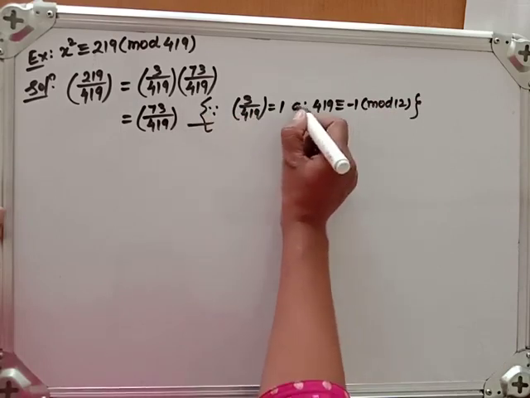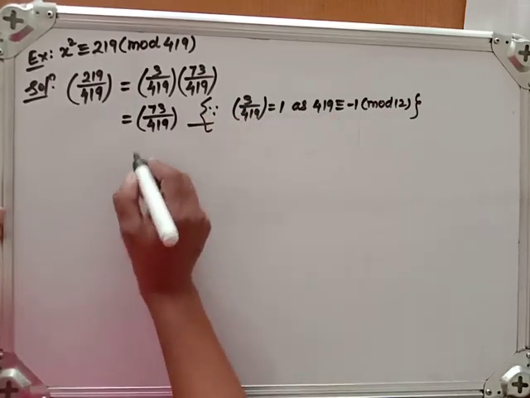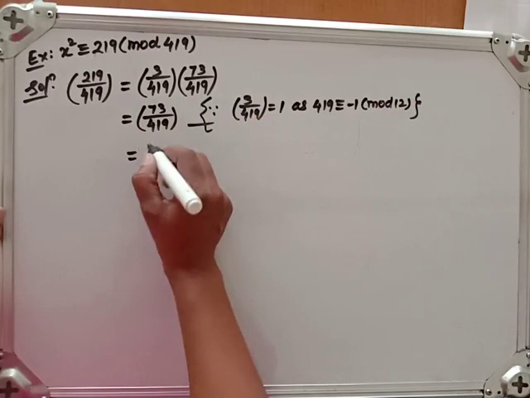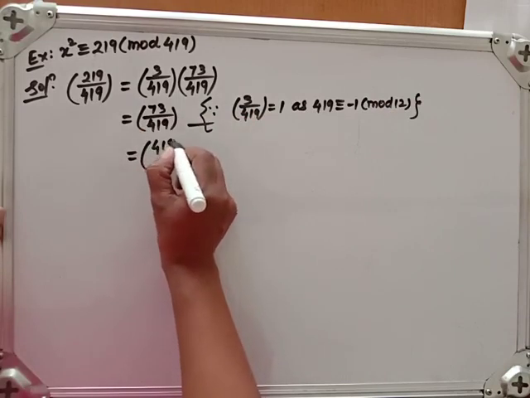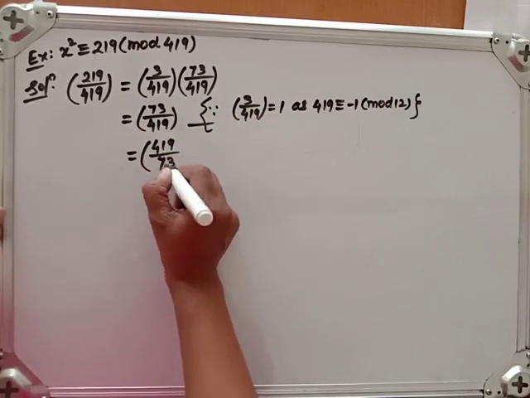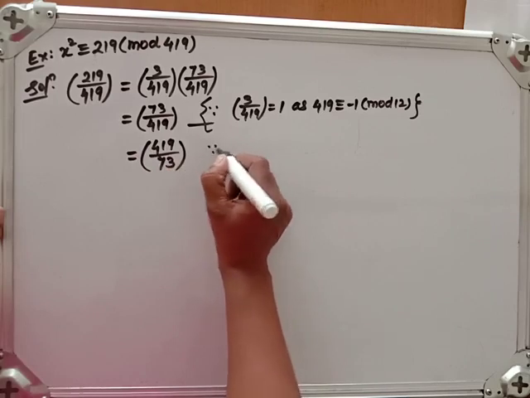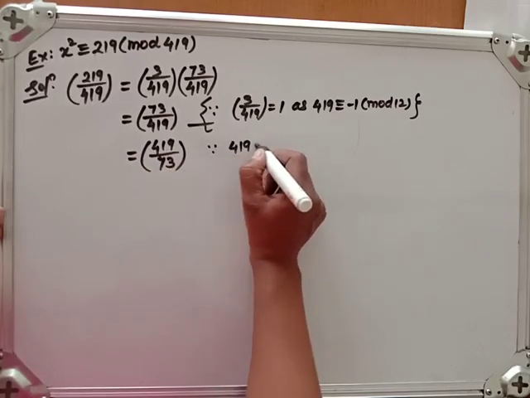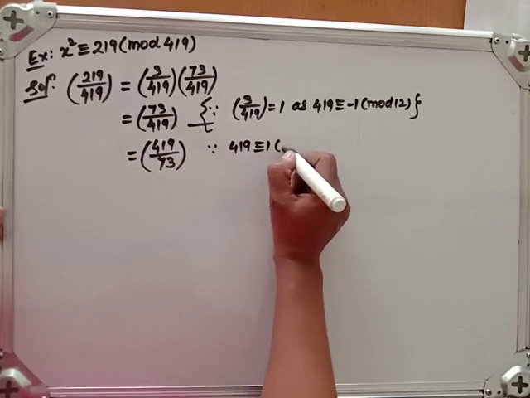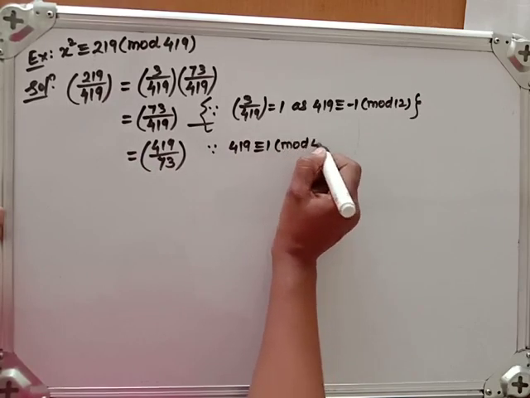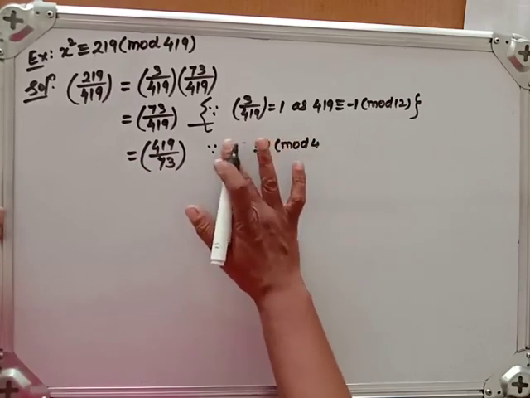Okay, as you can see, fine. So this part is equivalent to 419 upon 73, because 419 is congruent to 1 modulo 4. 73 also, you can say.